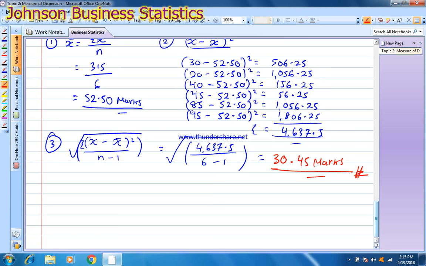So this gives you a passing rate or average passing marks, and this gives you a failing marks, in other words.